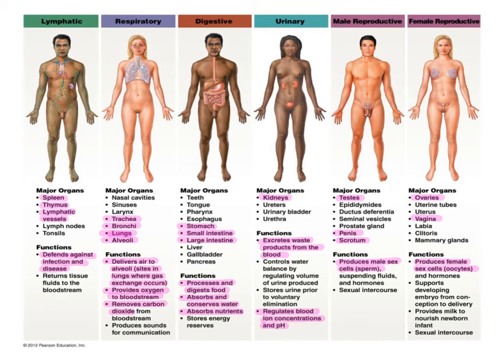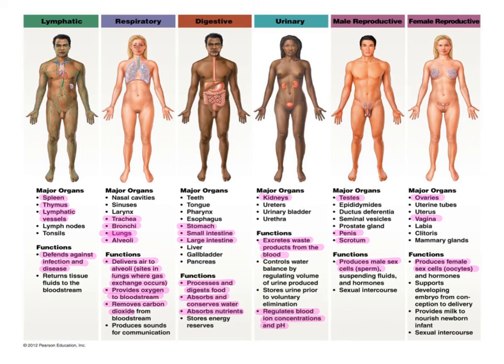And the last 6 organ systems would be the lymphatic, which the major organs would include spleen, thymus gland, lymphatic vessels, and it would be to defend against infection disease would be the major function.